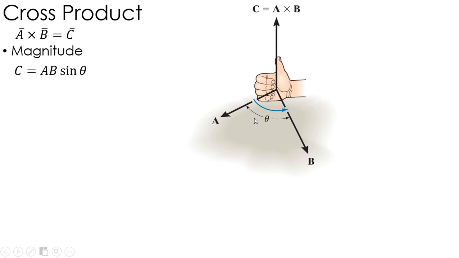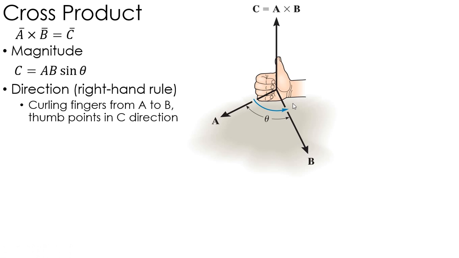The magnitude of the C vector, this vector going straight up in this picture, is simply the magnitude of A times the magnitude of B times the sine of the angle theta. And that's the definition of the magnitude of a cross product.